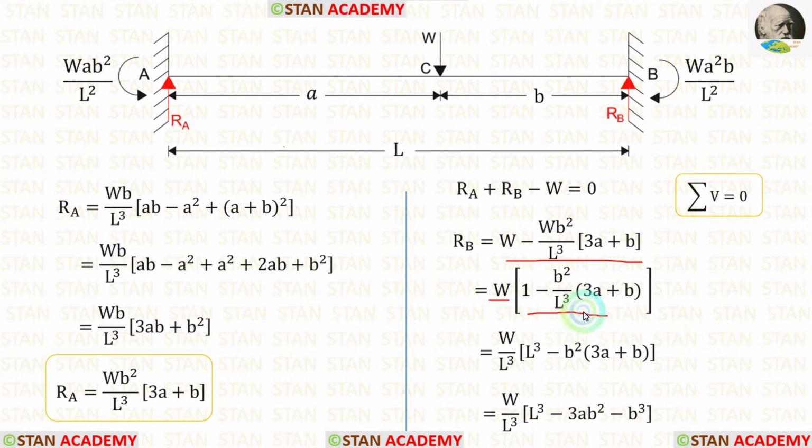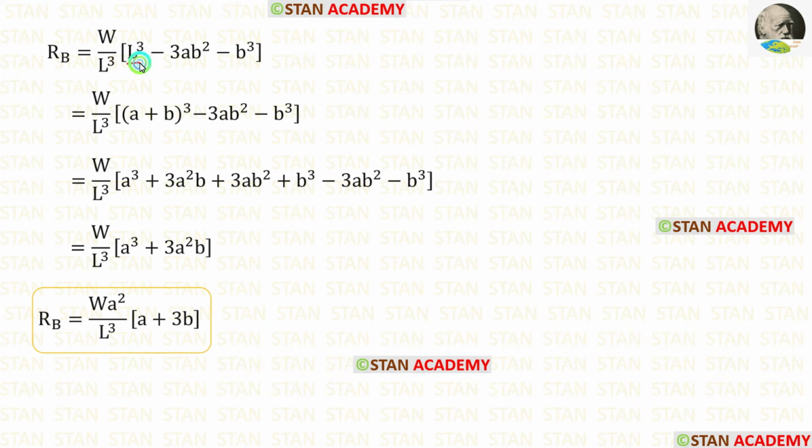Then here, let us take LCM. 1 into L cube, we will get L cube. Then let us multiply minus B square with 3A plus B. When we do that, we will get these. We know that L is A plus B. Here we can apply the A plus B whole cube formula.